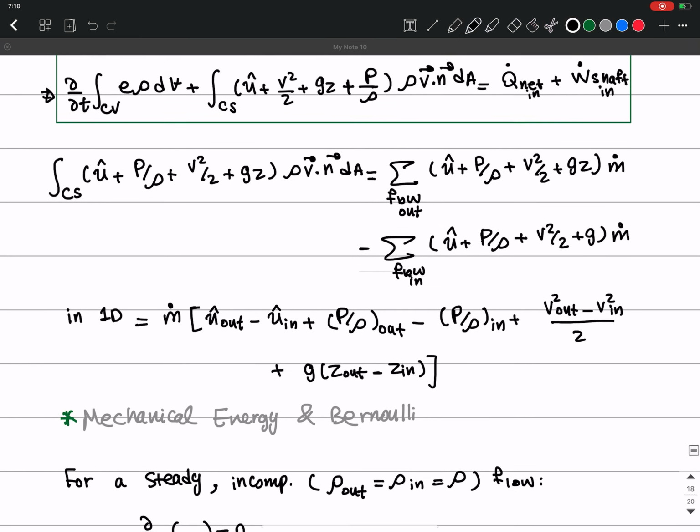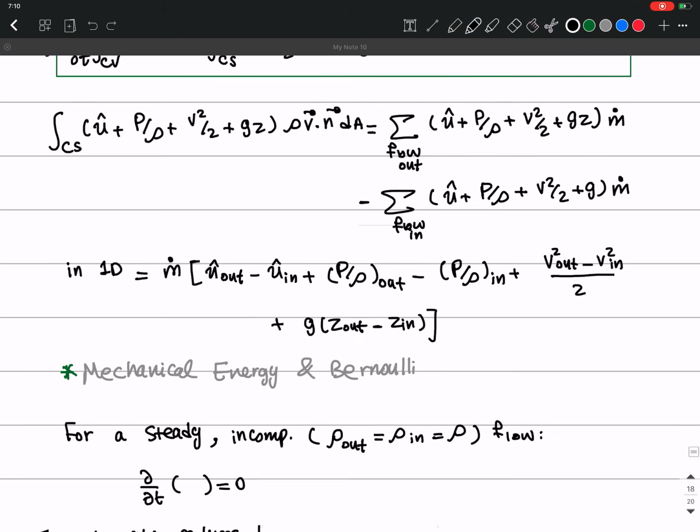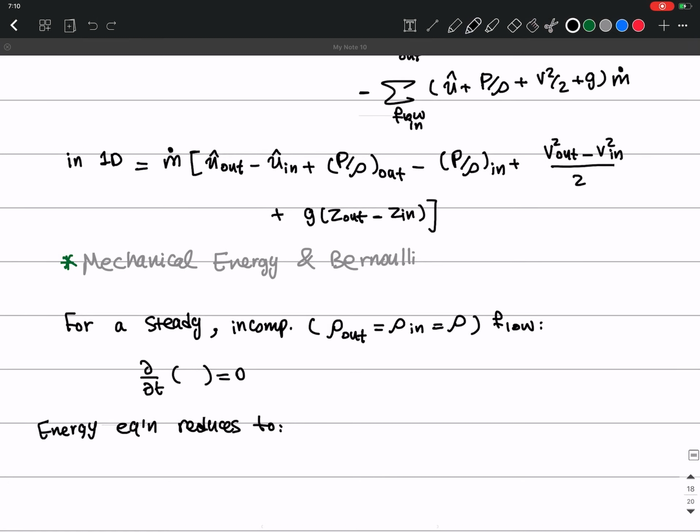The first term is going to be 0. So I have only this term plus these terms. This term I have already written like this, and for a one-dimensional flow I made it like this. So I just want to integrate all of them together. This is going to be my left-hand side.